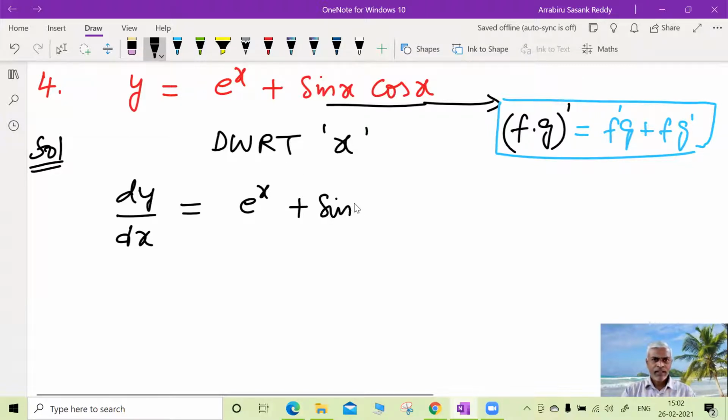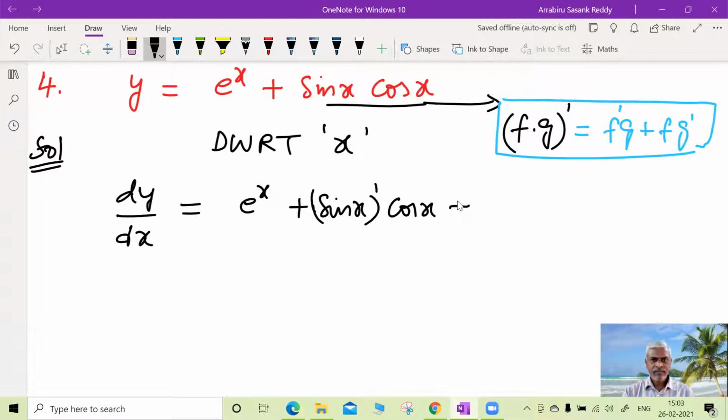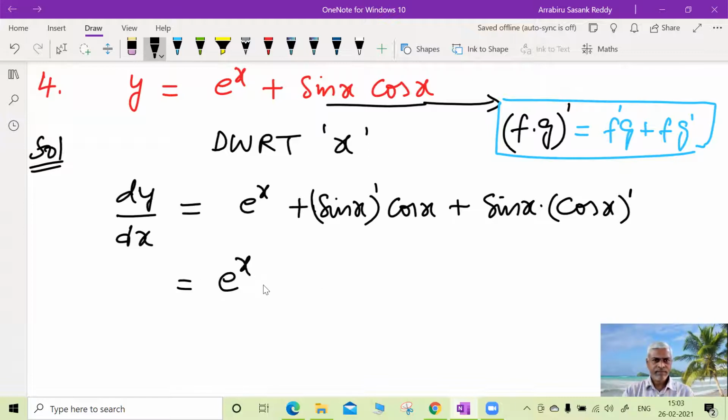So sin x differentiation into cos x plus sin x into cos x differentiation. Dash indicates differentiation. So sin x differentiation is cos x, and cos x as it is.